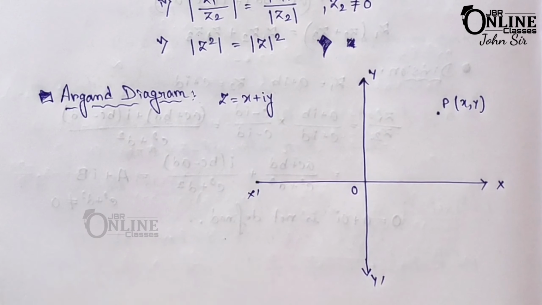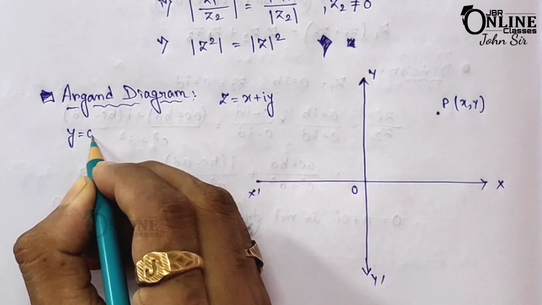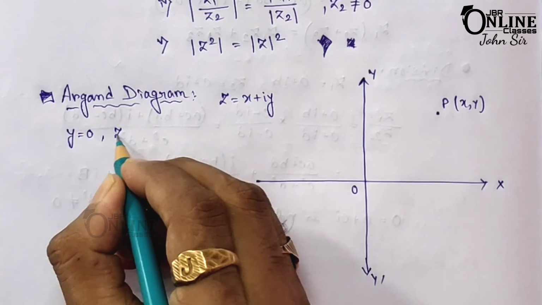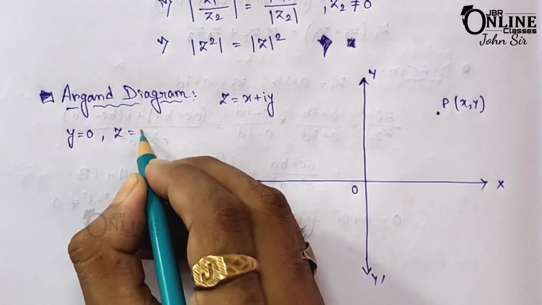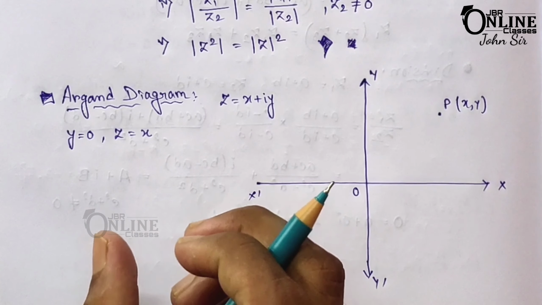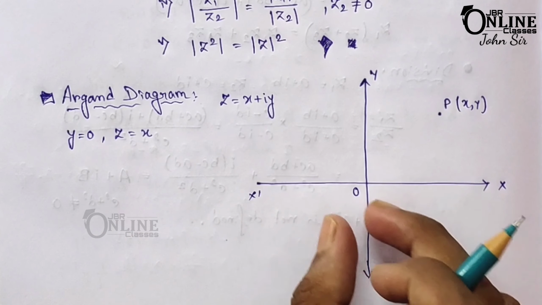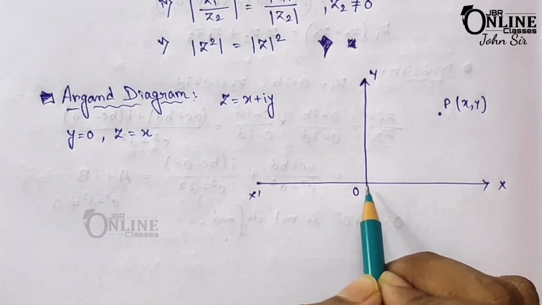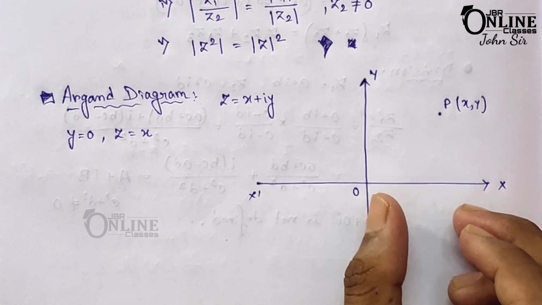Now suppose if y equal to 0, then z will be only x, which is a real number, and the corresponding point lies on the x axis.